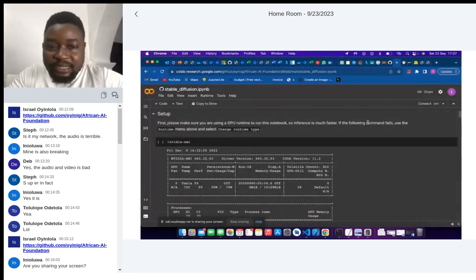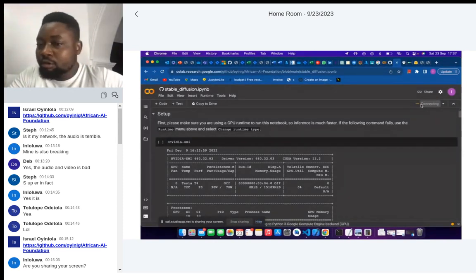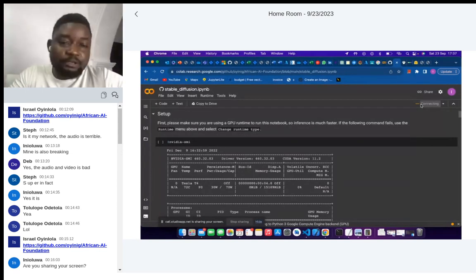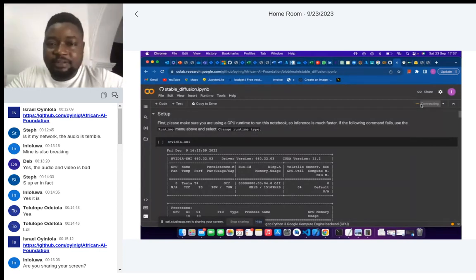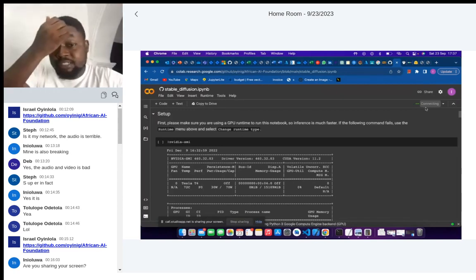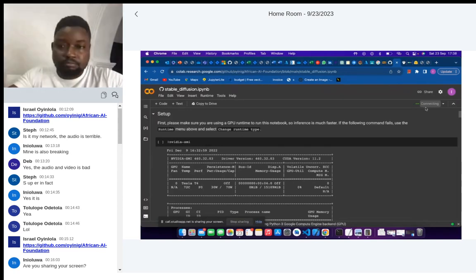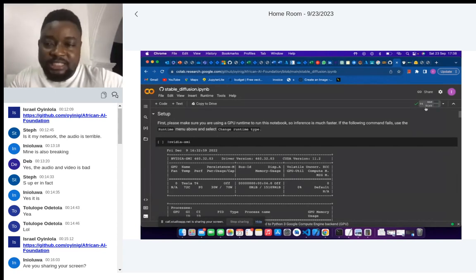And to run this, I have a GPU connected on my Google Colab. We've never used GPU because we've never needed it, right? But you should be able to run this fairly okay on a CPU-based Google Colab as well.